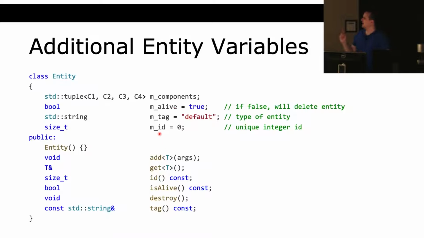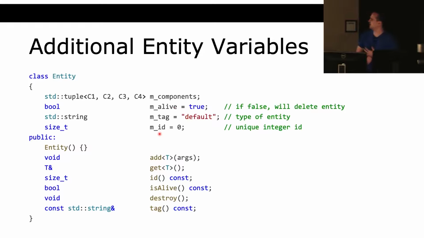And also, every entity is going to have a unique integer identifier associated with that entity. So for example, if we have 2 tiles in the map, or we have 2 bullets, they may have all the same properties, but we may want to check to see, even if they have all the same properties, are these literally the same entity? Meaning, are they the same object, in programming terms?